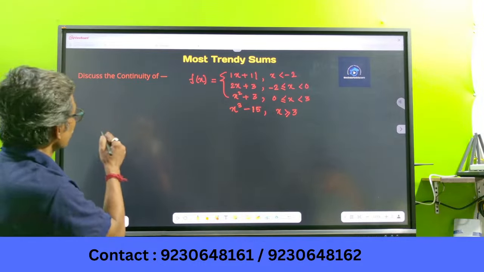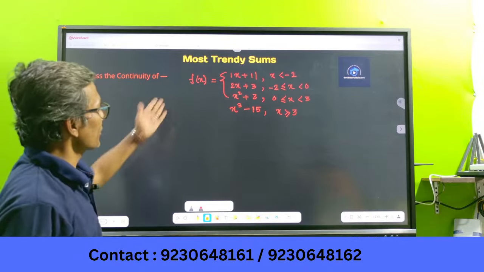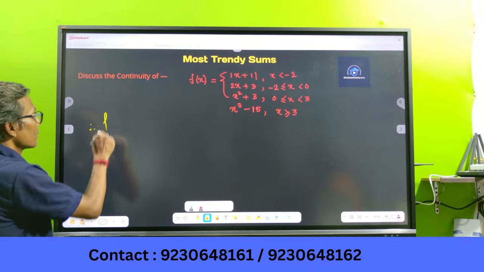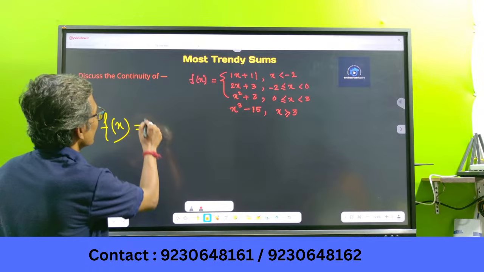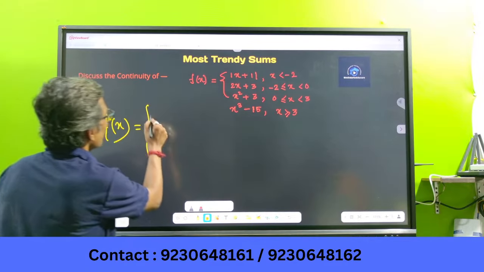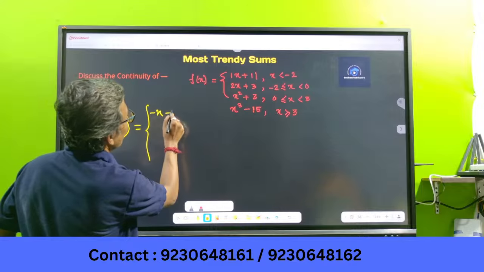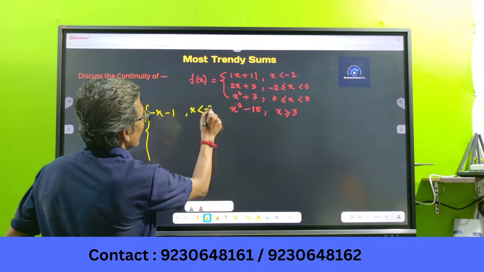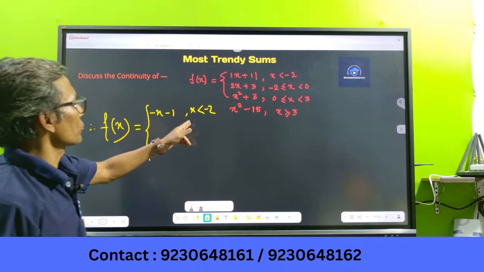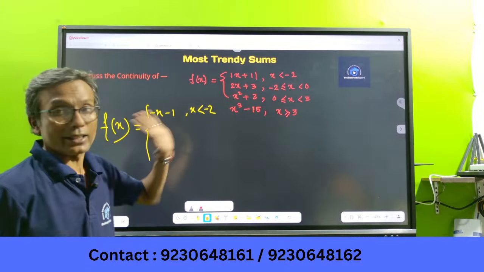First of all, I rewrite this function as minus x minus 1 for x less than minus 2.